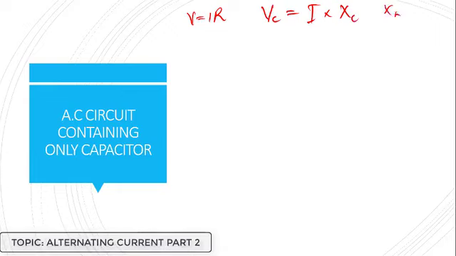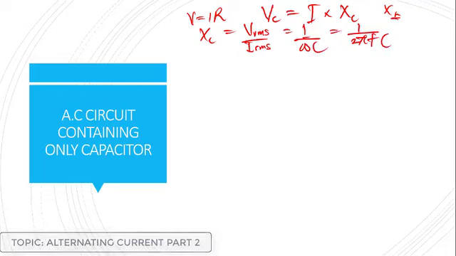But if it is XL, it is inductive reactance. So capacitive reactance XC is given by the RMS voltage over the RMS current, equal to 1 over the angular frequency times capacitance, which is also equal to 1 over 2 pi f C.